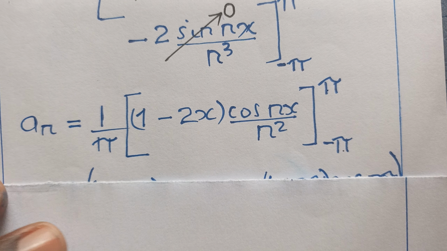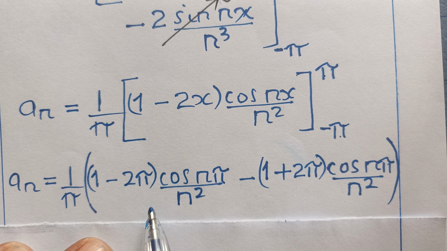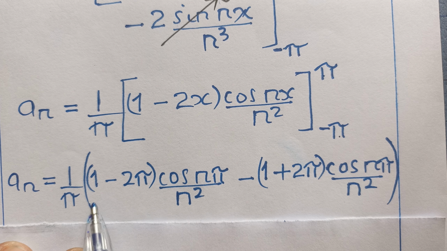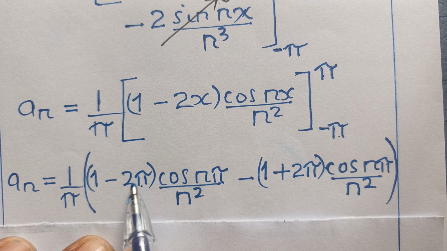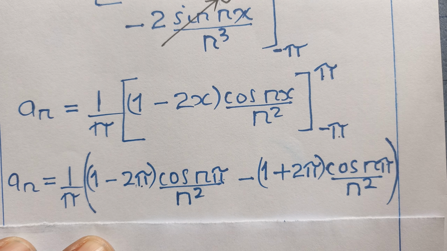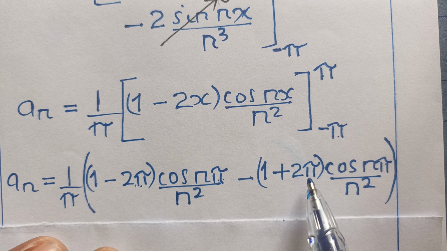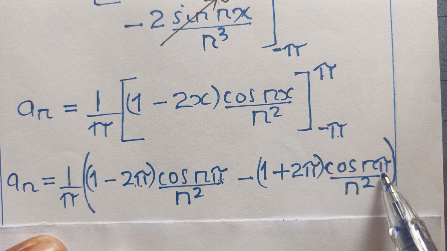So when we substitute, guys, as you can see, I have already substituted pi and pi. When it comes to positive, it remains like that. But now, guys, when it comes to negative, this one now becomes, for cos, positive pi and negative pi is the same.